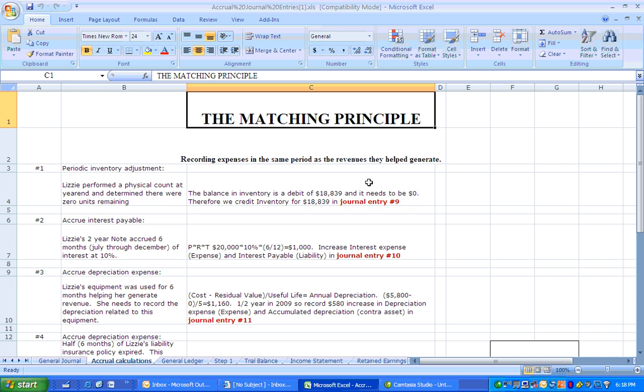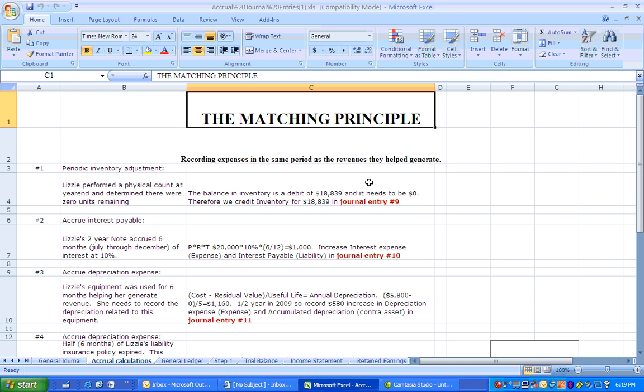We need to make sure that you can analyze a transaction and understand how that's going to affect the financial statements. With adjusting entries, just like normal journal entries, if you are not familiar with your memorization of the account types and whether they're debits or credits, you've really got to work on that memorization. So let's dive right in.